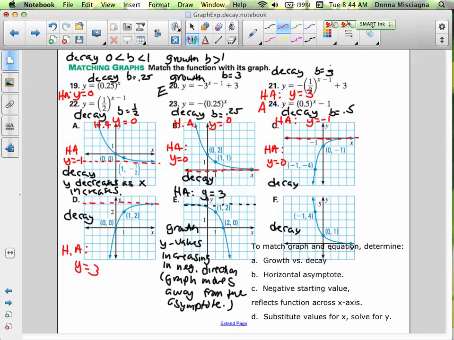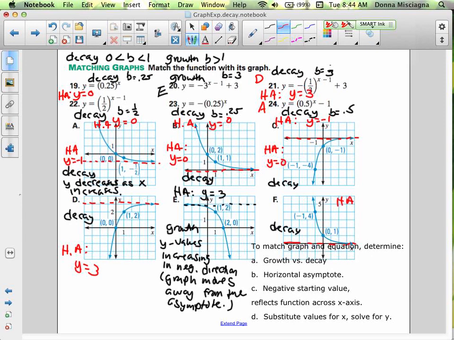We'll draw that in. All right, there were two graphs that had a horizontal asymptote of 3, but we've already figured out one, because one was the only one that was growth. That was E. So the only other graph that's got a horizontal asymptote of 3 is 21. So 21 is D. And then what's the horizontal asymptote for F? 0. And we'll draw that in.